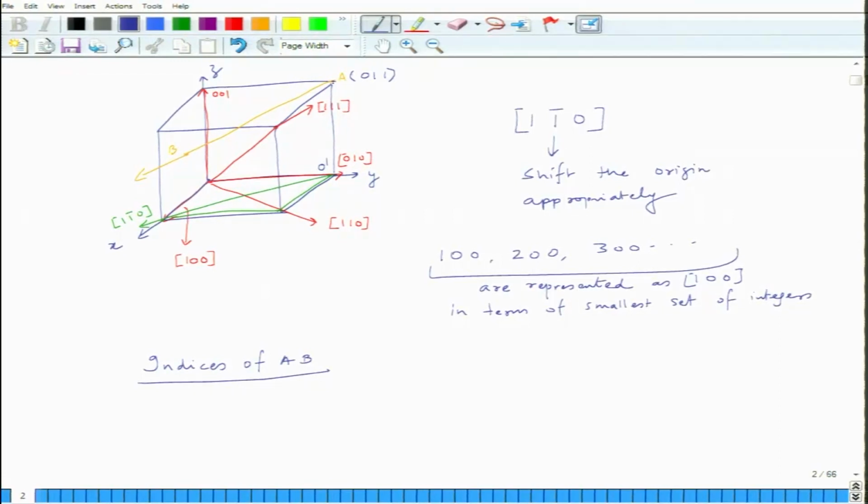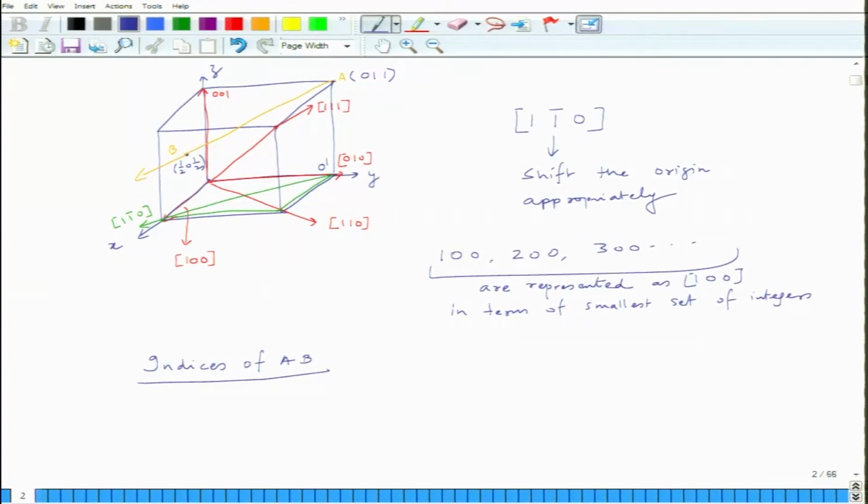When you work out the coordinates of a point, you always work out with respect to the main origin, which is the common origin, this is O. So this is 0 0 0, and this point is 0 1 1. What are the coordinates of this other point, the one in the center? This is half of x and half of z. So this is half 0 half.